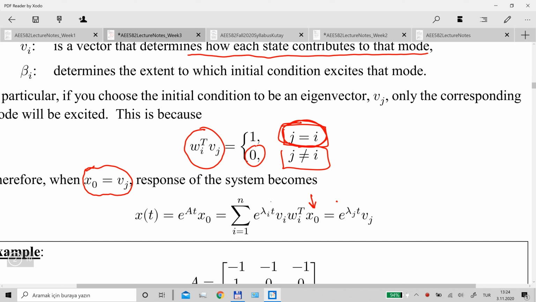The response will be equal to this single term. That means you will see the response of the jth eigenvalue, observed in the states that belong to the eigenvector.